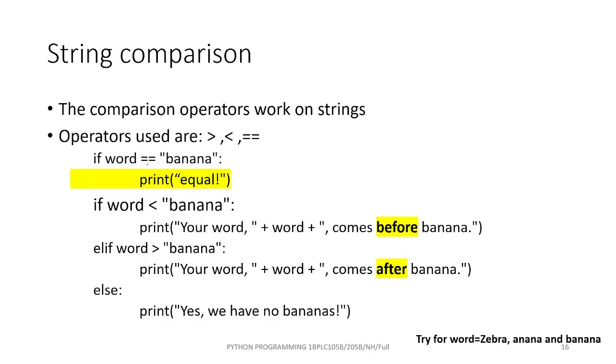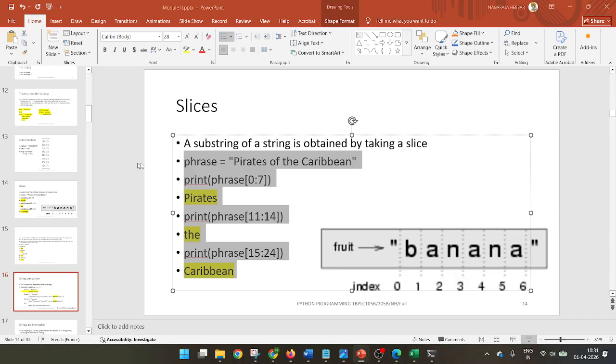If it is equal, it displays a required or specific message. If the word comes below in the dictionary, like anana, which comes before banana. If a word comes after that, you can use the greater than symbol. I will try to show the answer.